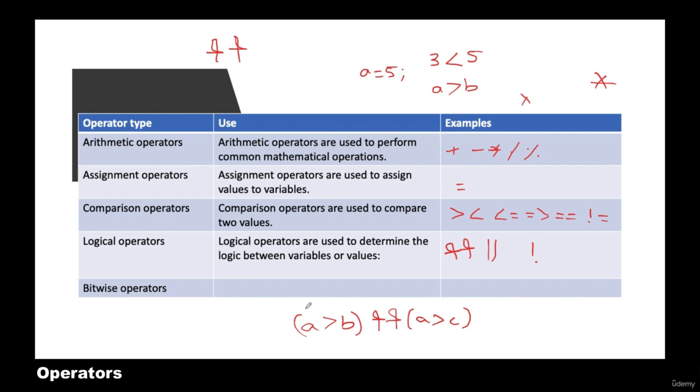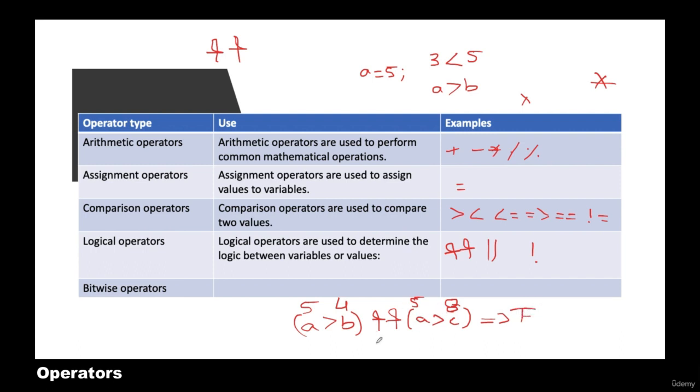Which means if 5 is the value of A, B is 4 and C is 3, then this condition returns a true value because we have used AND, because this condition should be true and this condition should also be true. If any of these conditions is false, then it will return a false value. For example, if C is 8, then the second condition is false and the first condition is true, but since we have AND in between, it will return false.